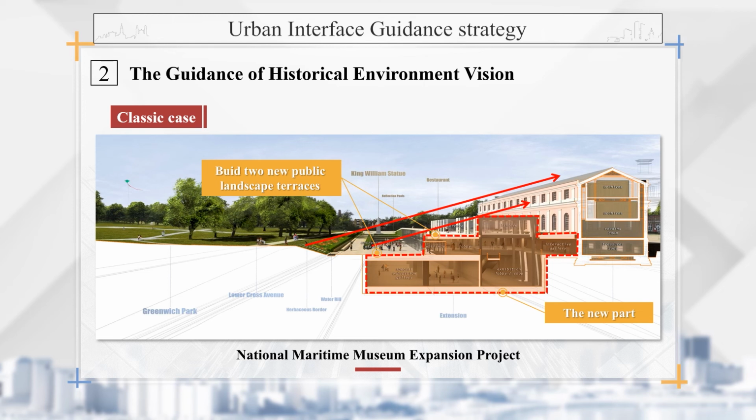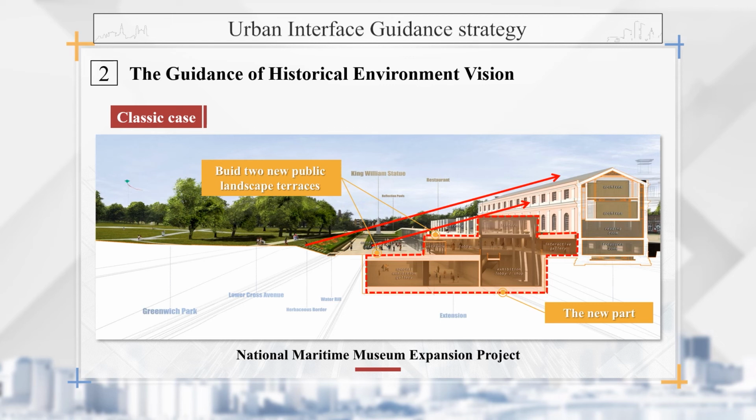Founded in 1807, the museum is an important part of Greenwich World Maritime Heritage in London. In the 2006 expansion competition, 7,300 square meters additional space was needed. The architect studies from the space vision control to expand this sensitive historical site with minimal intervention.